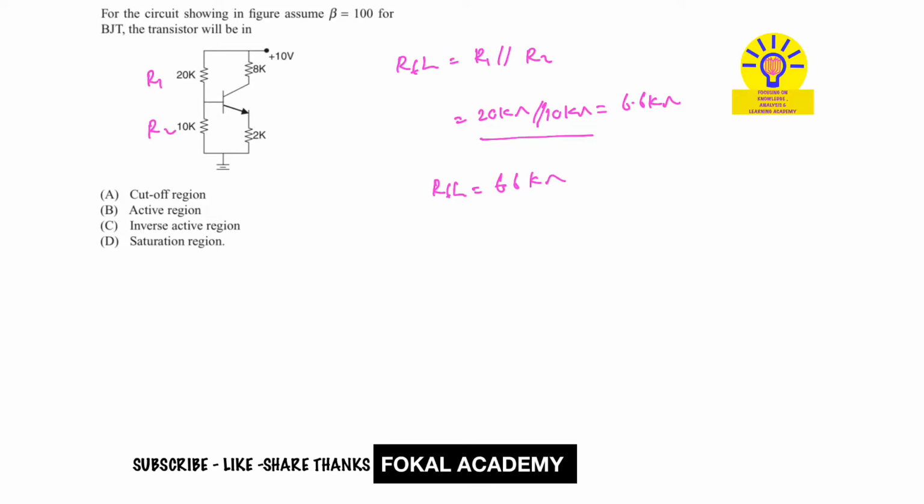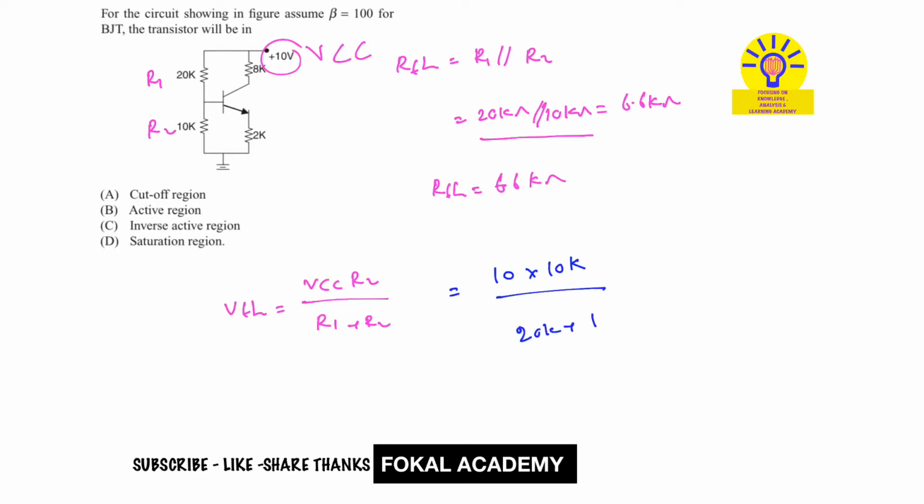For the self-bias circuit, VTH is given as VTH equals VCC into R2 divided by R1 plus R2. So this is the VCC value, this is R1 and this is R2. Now substitute here: 10 into 10k divided by 20k plus 10k.